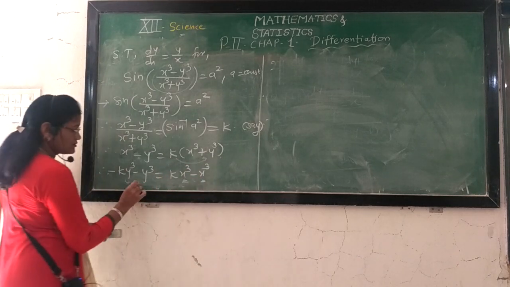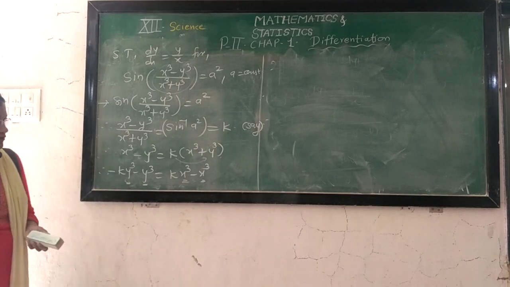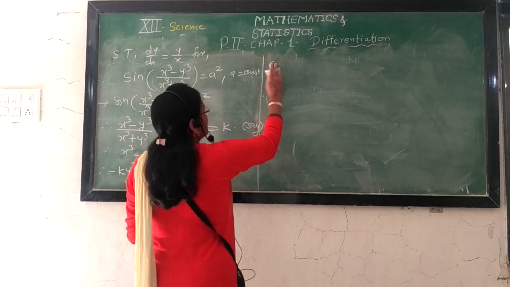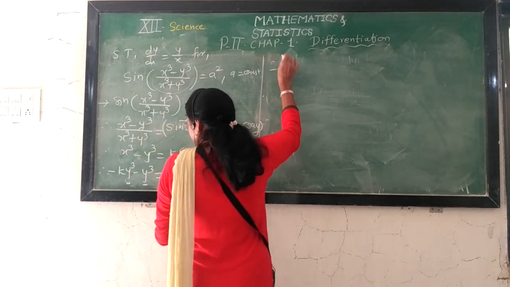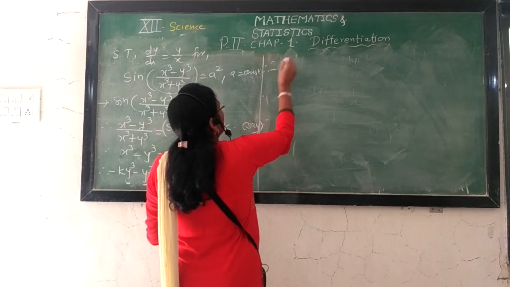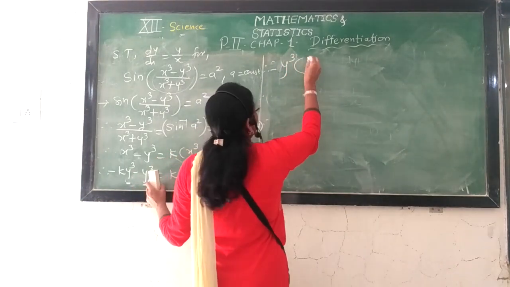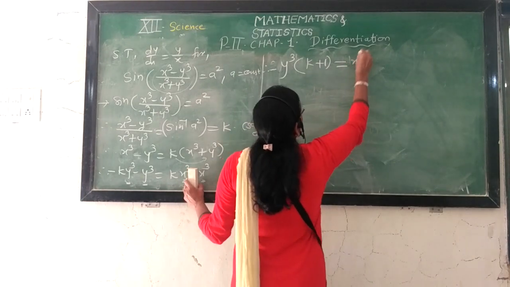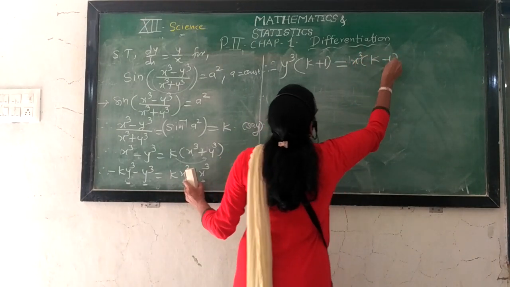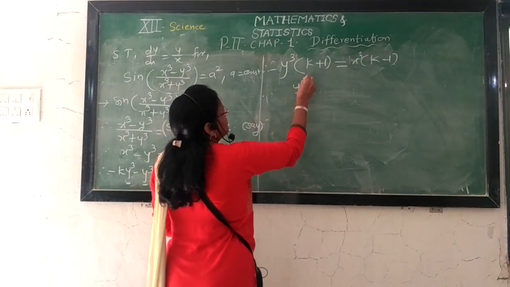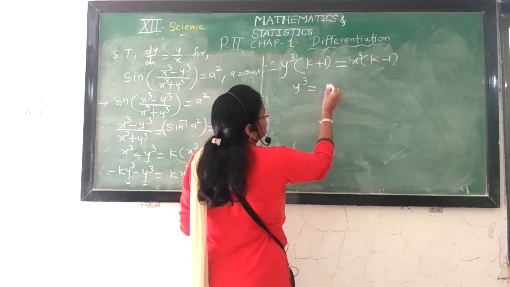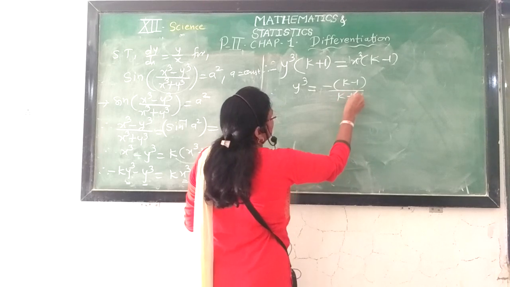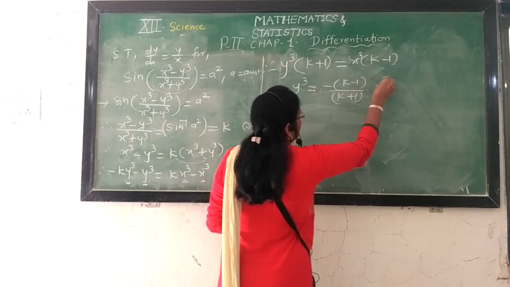On the left side we take y cube common, on the right side x cube common. Minus y cube is common, so we get k plus 1, and here x cube is common, we get k minus 1. Therefore y cube is equal to minus of k minus 1 upon k plus 1 times x cube.